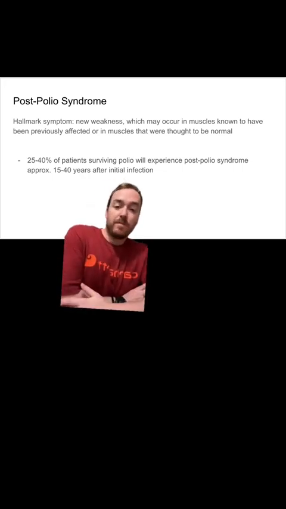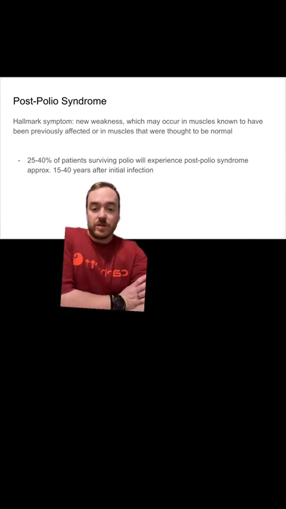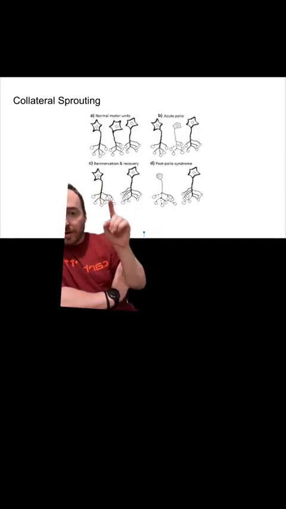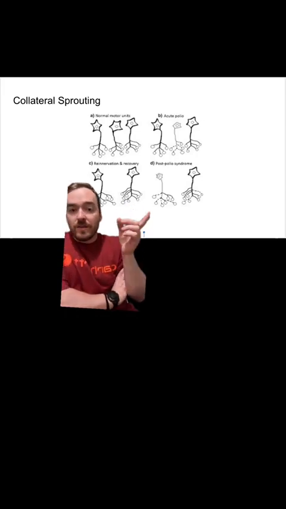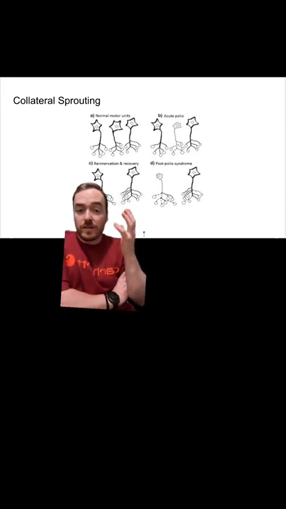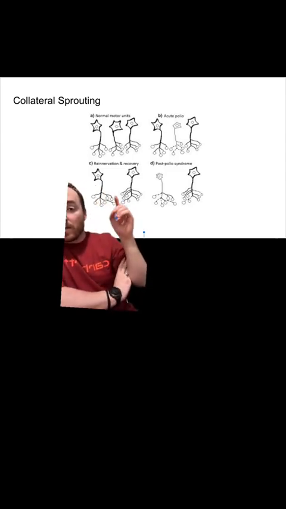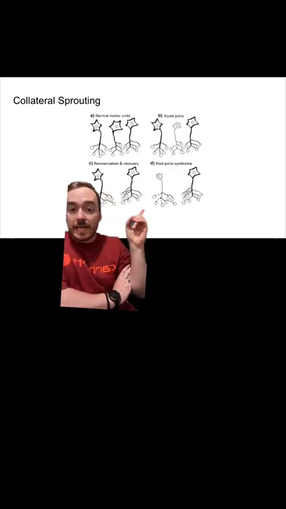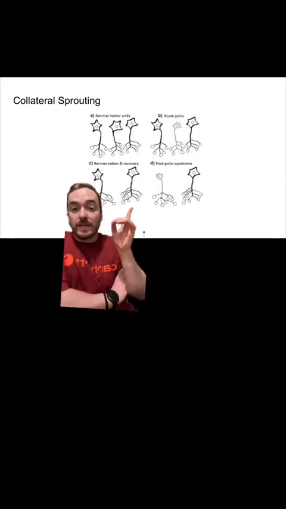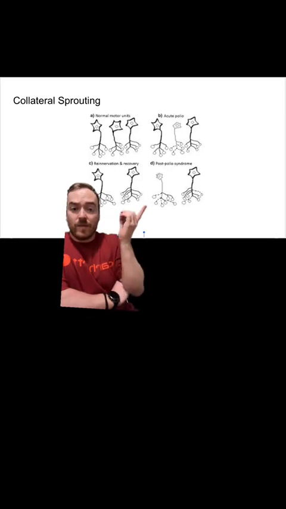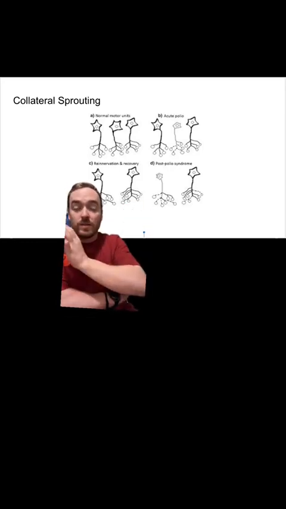And so basically in that previous picture, in picture D, you see that one of the neurons that initially had done collateral sprouting to take over a greater portion of the muscle, now it's starting to degenerate just as a normal process of aging, and so it had originally taken over a greater area or greater volume of the muscle, but now that it's dying, you're getting even more weakness because it was initially responsible for a certain area, it took over to help make up for the dead neuron up above, now it's dying as a regular aging process, and so you're going to get much more dramatic weakness because now you've got a greater loss of innervation to that muscle.